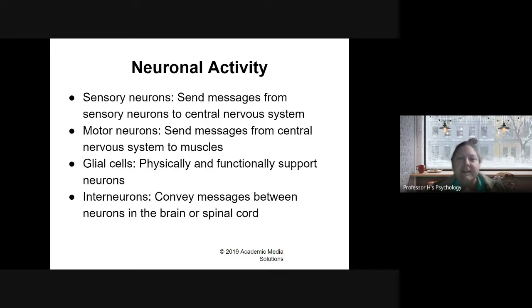Neuronal activity. Sensory neurons send messages to the central nervous system. So if I'm touching the desk and I feel that it's nice and cool, I have sensory receptors in my fingers, and these sensory receptors will send a message to the central nervous system by using sensory neurons.